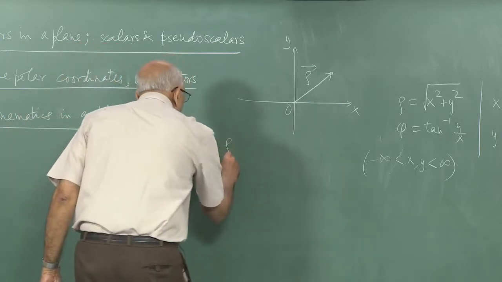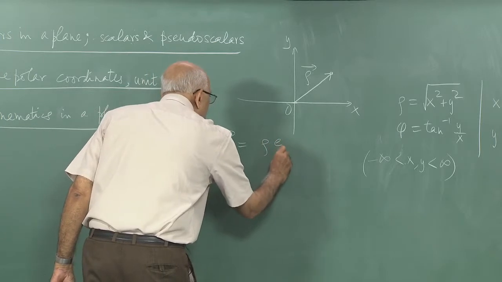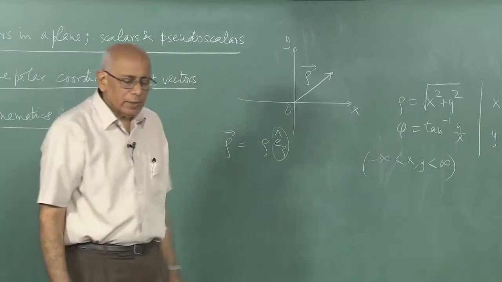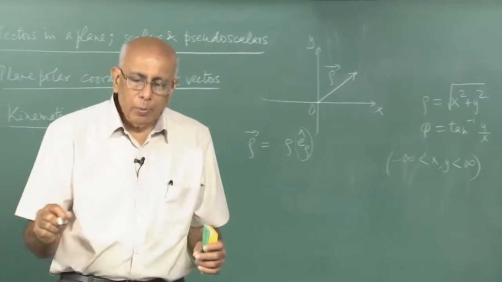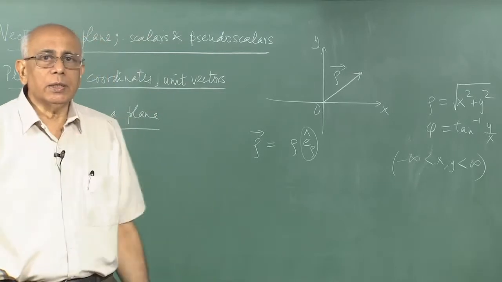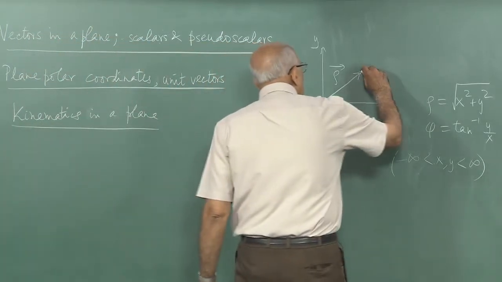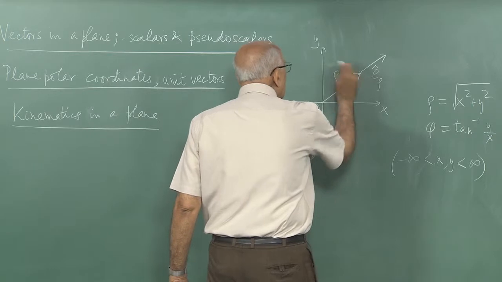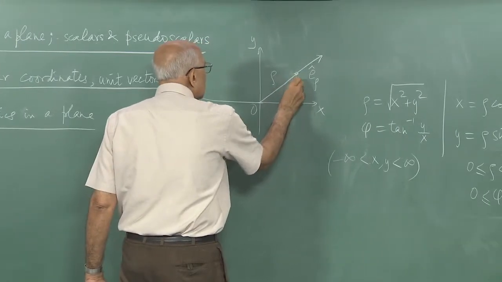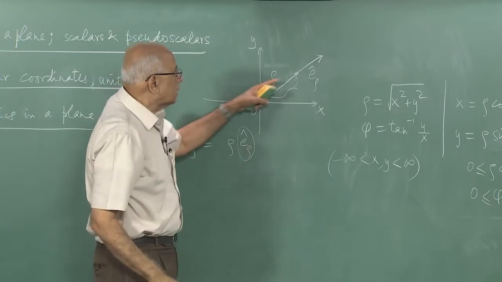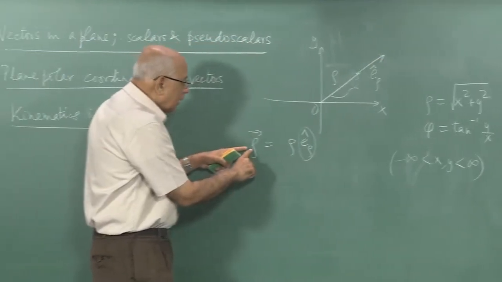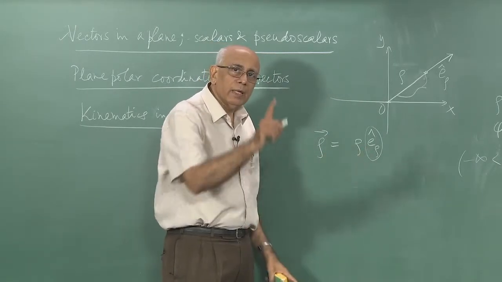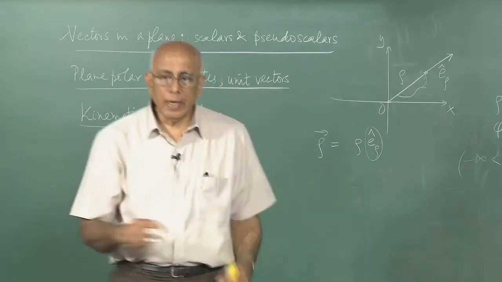So we immediately have the vector rho equal to rho times E sub rho, where this is the unit vector in the radial direction, pointing away from the origin along the line joining the origin to that point. So it's clear that the radius vector from the origin to any point is the magnitude rho multiplied by the radially outward unit vector. I'll call this the radial direction.